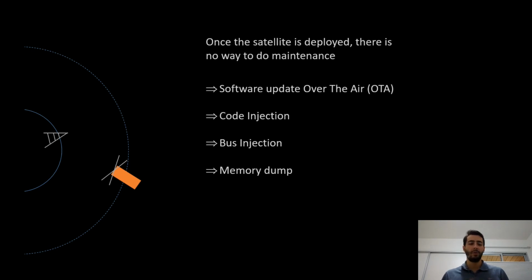So it's very important that from the ground you should be able to dump memory or write data to or read data from peripherals that are connected to the different buses of the system. Like for instance, an I2C bus or a UART link. So this is very important.